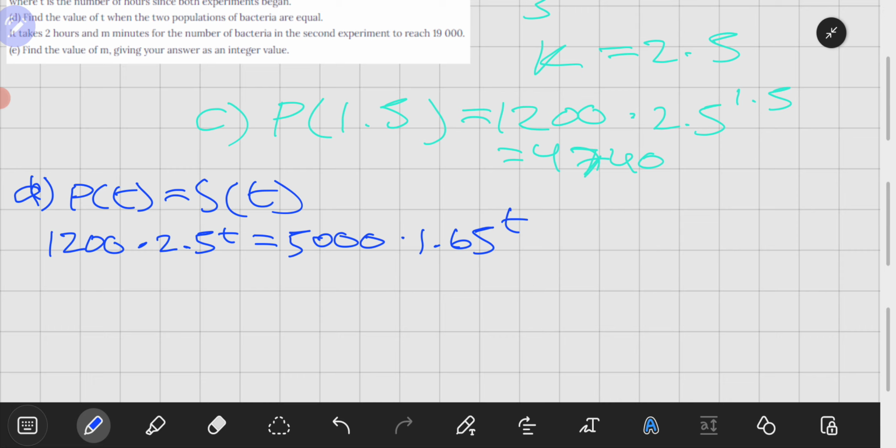The reason being that when we take the log of something such as 2.5 to the T or 1.65 to the T, we're able to bring the power in front of our equation and solve for it.